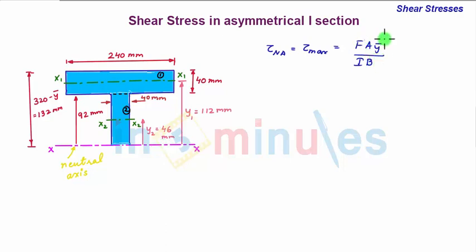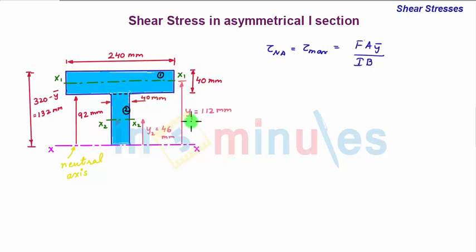Now to determine A y bar, we divide this shaded area into two simpler rectangle parts, part 1 and part 2, where x1 and x2 are their centroidal axes respectively, which are at distances of y1 and y2.